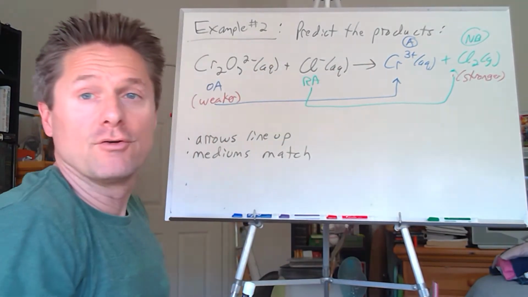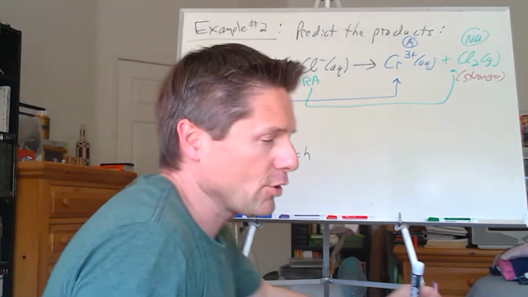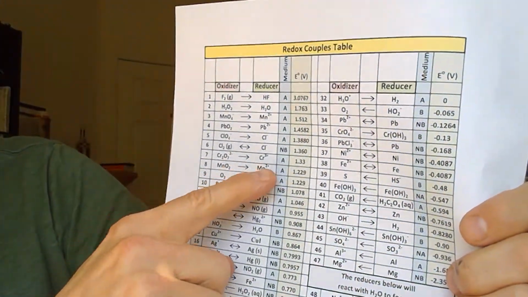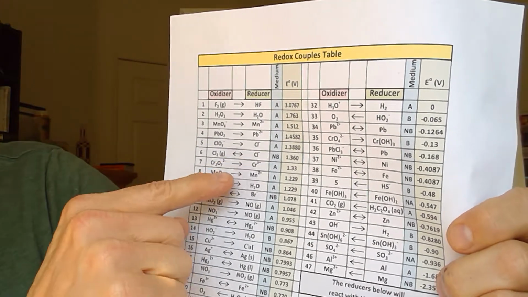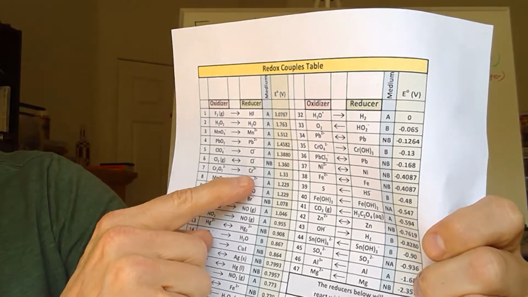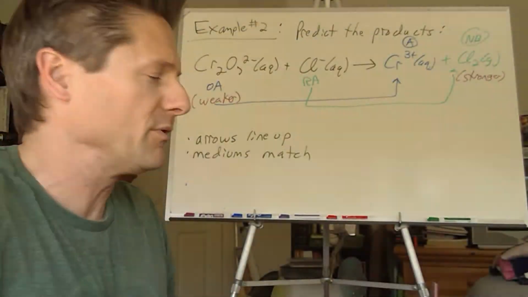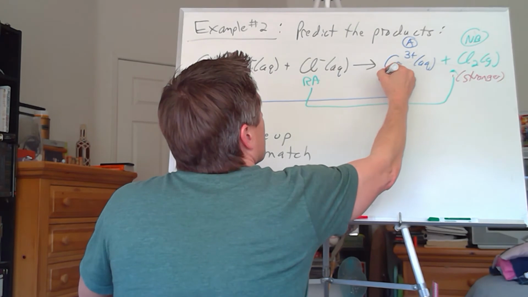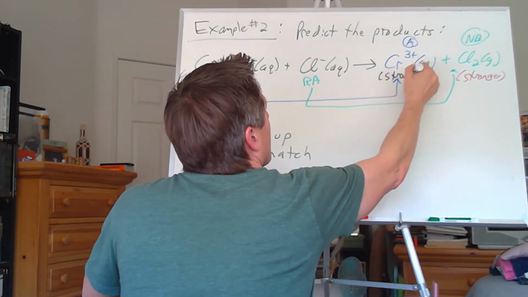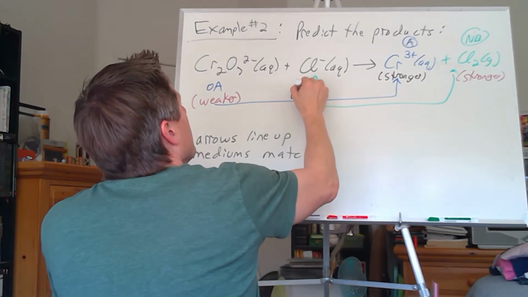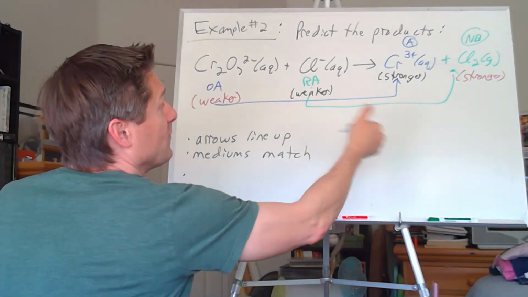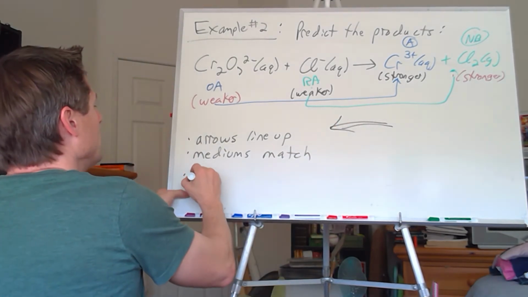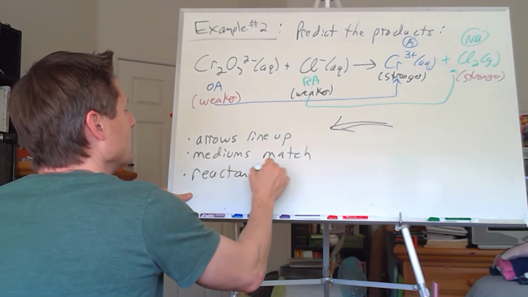If I was going in the other direction, here's your chloride, and then the chromium 3. The chromium 3 is below the chloride. The lower on the redox column, the stronger. So this one's stronger and this one's weaker. So it goes from stronger to weaker. So this would be reactant dominant.